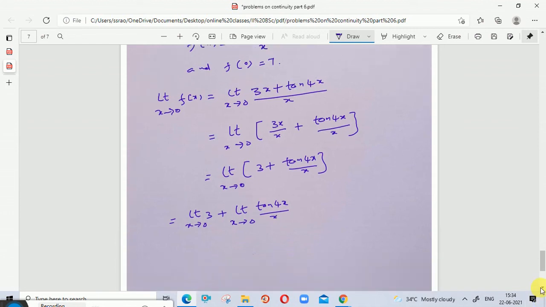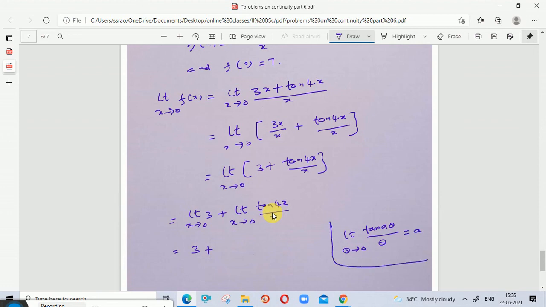Now that is equal to 3 plus, here also we know a standard limit. What is that? Limit theta tends to 0 of tan a theta by theta is equal to a.